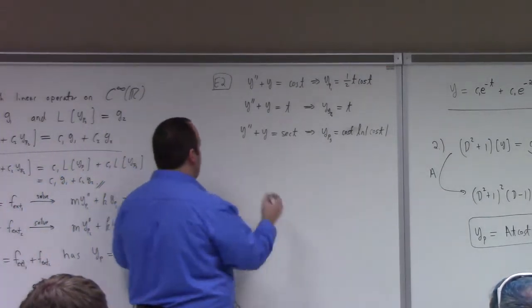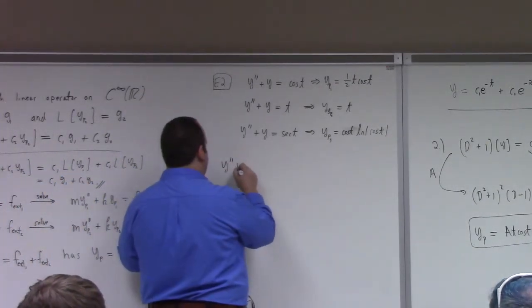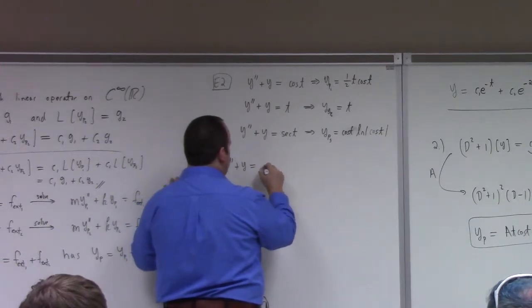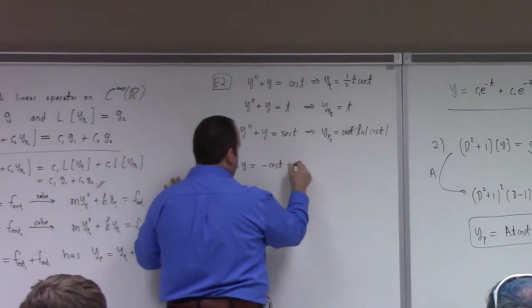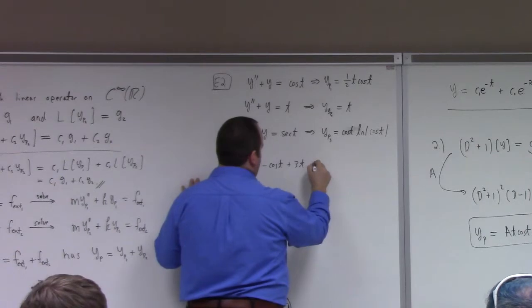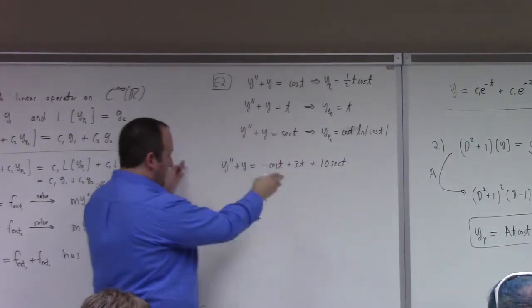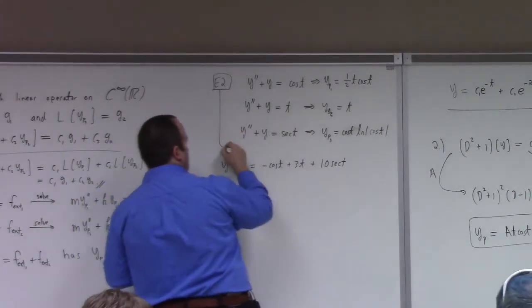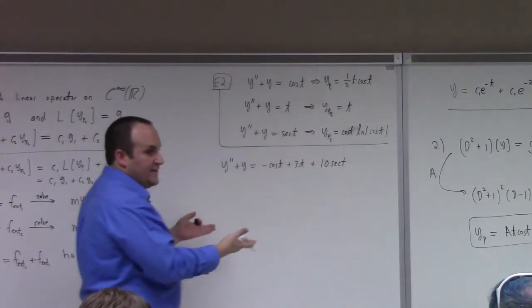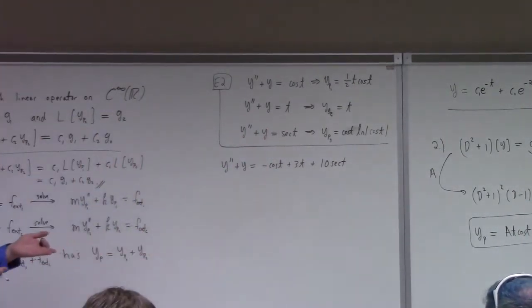So anyway, all of this said, if I was to solve y'' plus y equal to, say, minus cosine t plus 3 times t plus 10 secant t, I can solve this corresponding problem without further calculation by the method of superposition, is my point, all right?